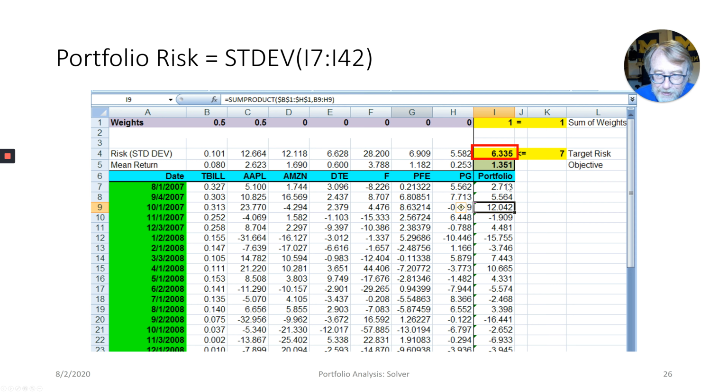Well, I just take the standard deviation of the monthly return for my portfolio, right? So it's I7 to I42, just a standard deviation down like that. So you don't have to do any complex math with the covariance function and stuff like that, and it works out beautifully.